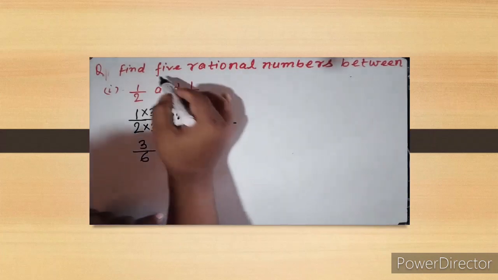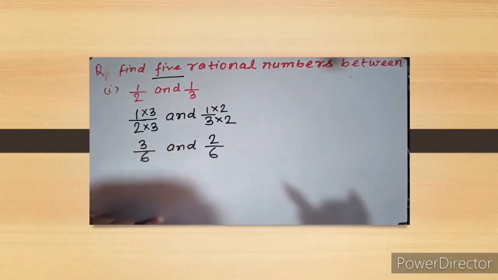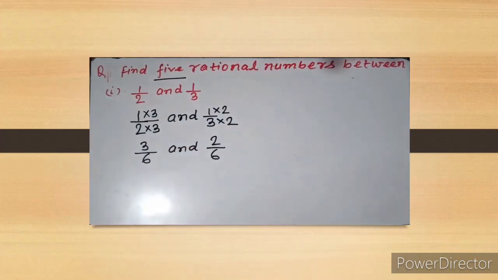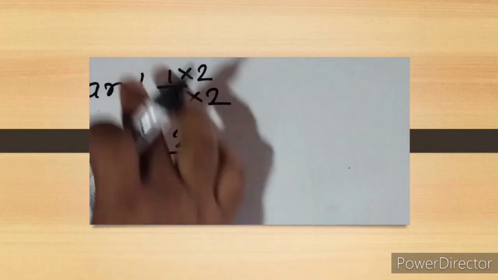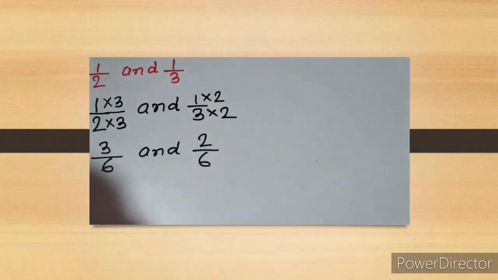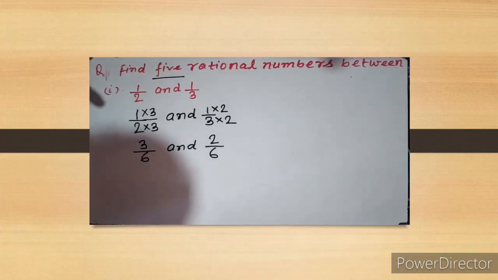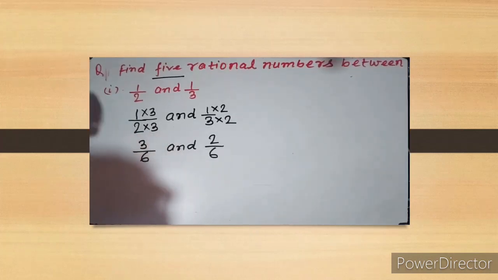Now we have to find how many rational numbers? 5 rational numbers. So what I have told you in the last lecture, if you have to find 5 rational numbers, you will take one number ahead. After 5, what number will come? 6 will come.